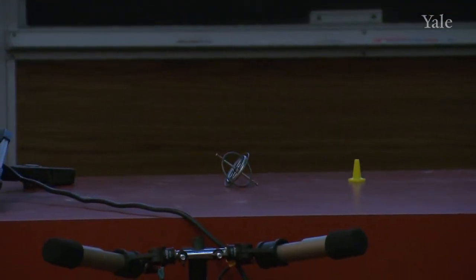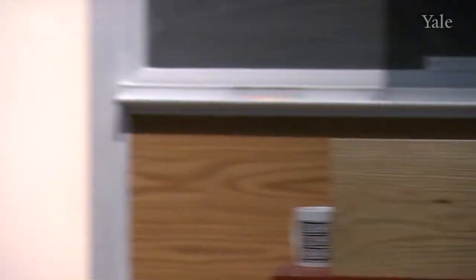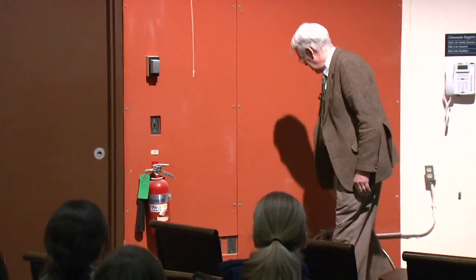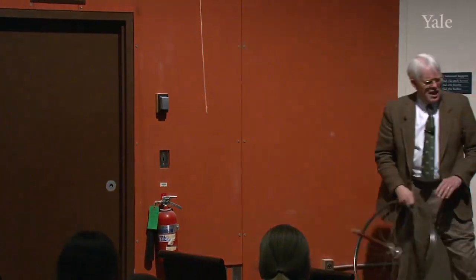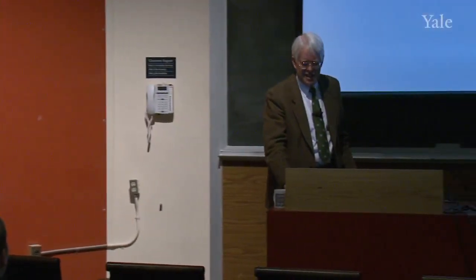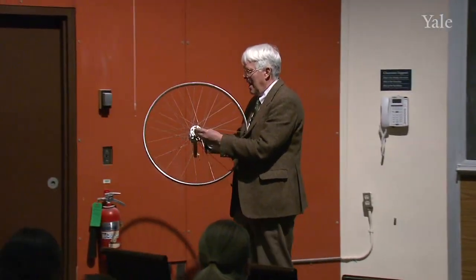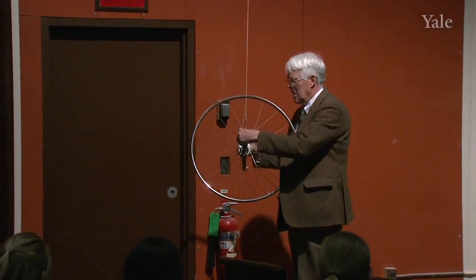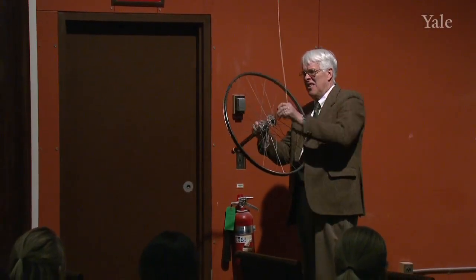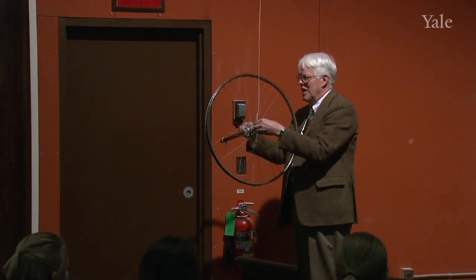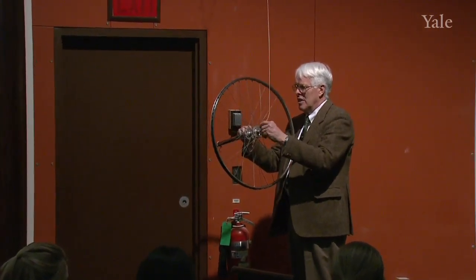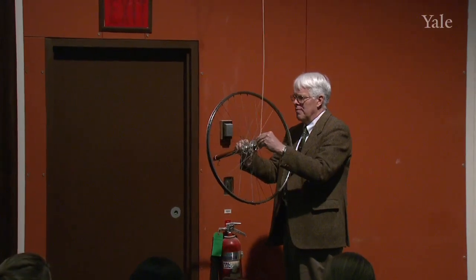Now you can see it better if we use something bigger, so we'll go to a bicycle wheel here. I think I've got that on the next slide. Okay, so we have a bicycle wheel here. I hang it up on this thing. There we go.